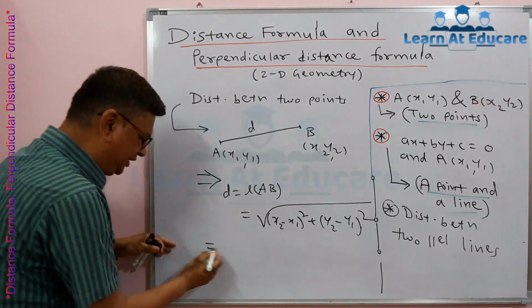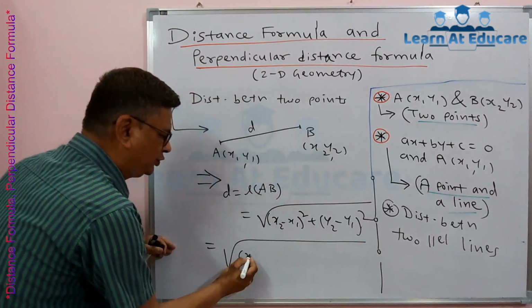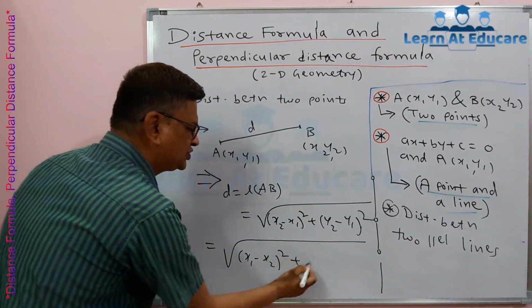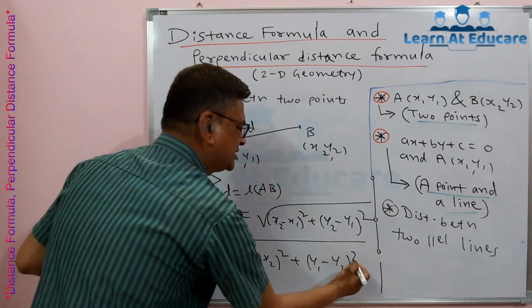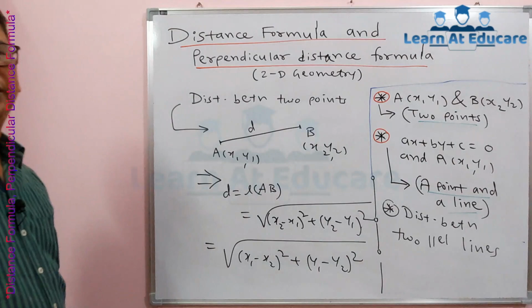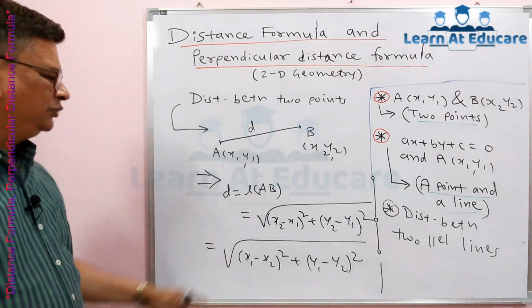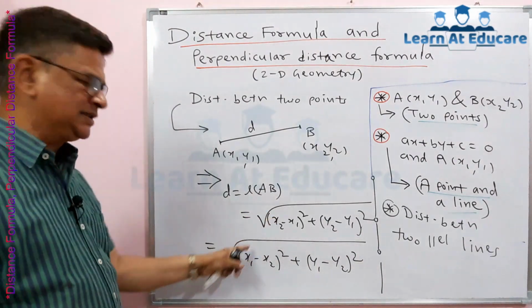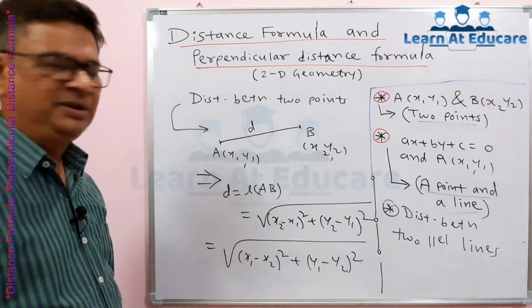whole square. It is the same as the square root of (x1 minus x2) whole square plus (y1 minus y2) whole square. How does this change from x1 minus x2 to x2 minus x1 remain the same?